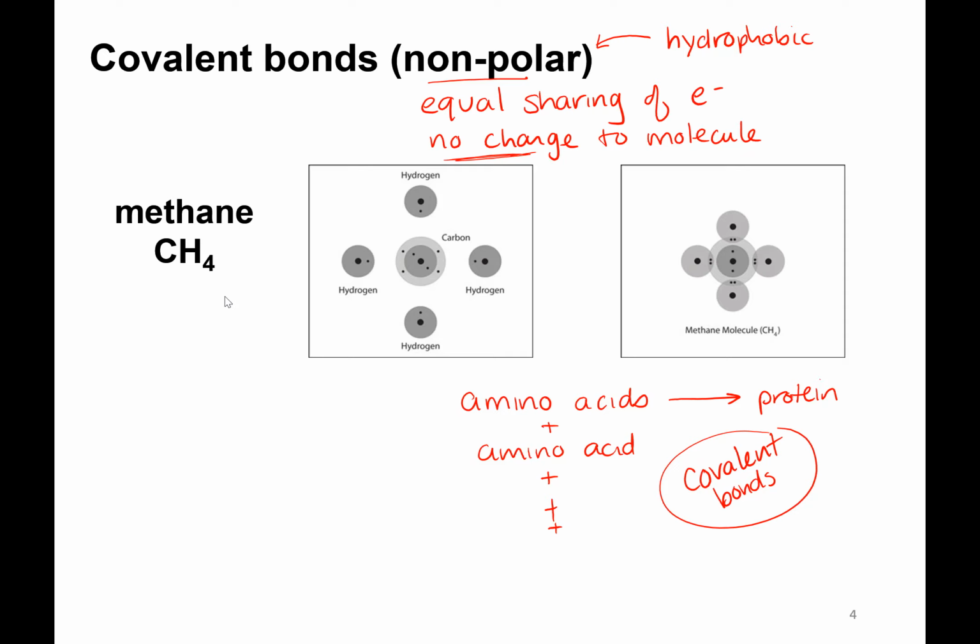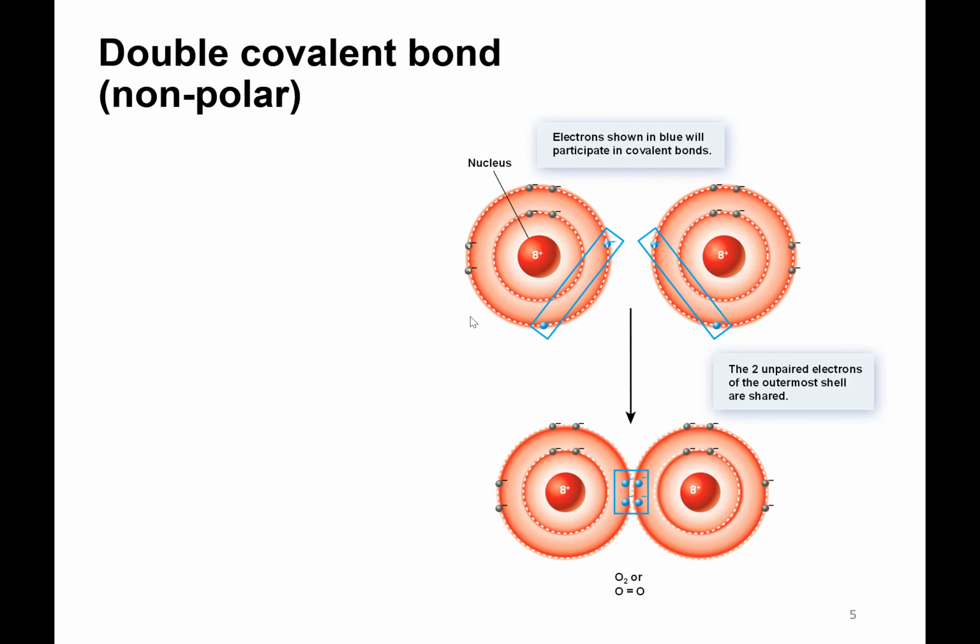Okay, so you can have a covalent bond. I should have put the other diagram here. We would draw these as nice little lines between the carbon and hydrogen atoms. Nice strong bond. You can have double covalent bonds.